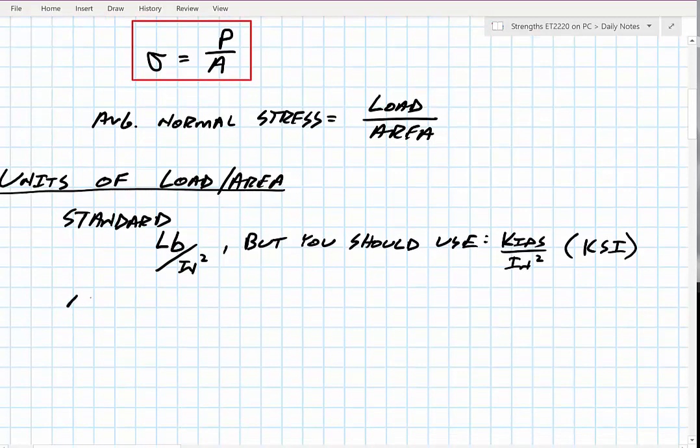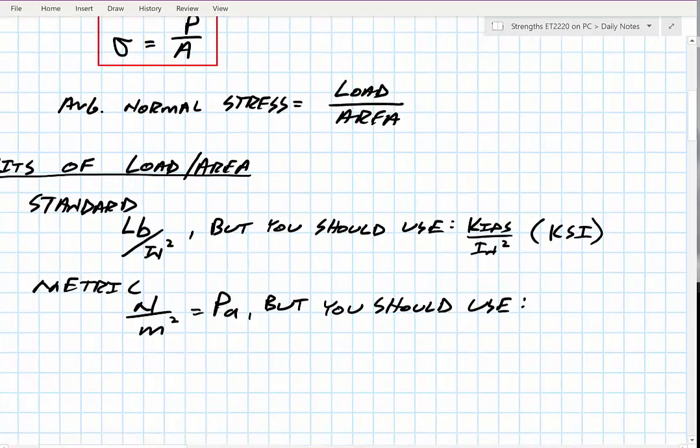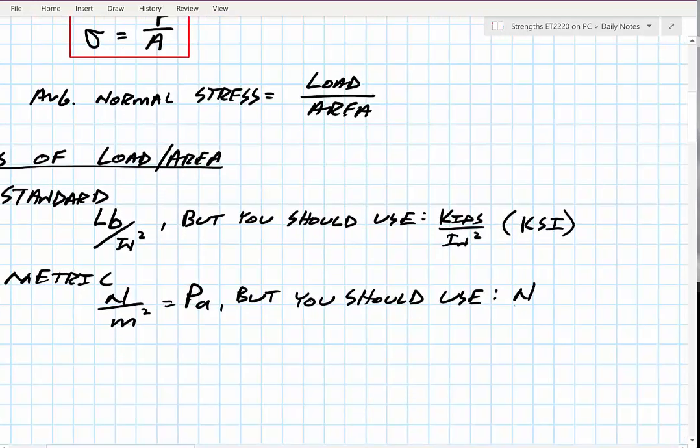In the metric system, our basic units would be newtons over meters squared, and you might remember that Newton over a meter squared is equal to a Pascal. However, once again, we're going to somewhat vary from this. You can use those standard units, but I think you'll be better off if you were to use newtons and millimeters.